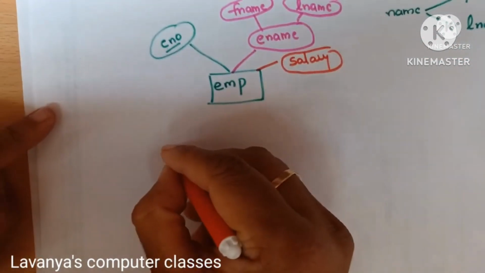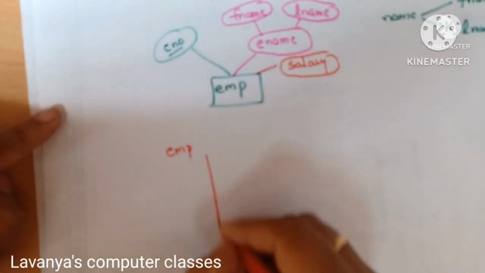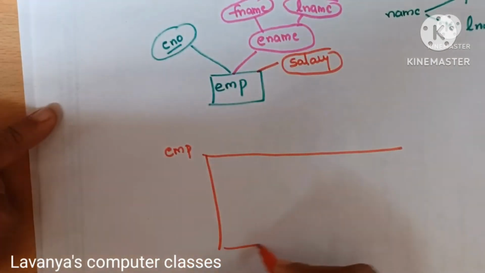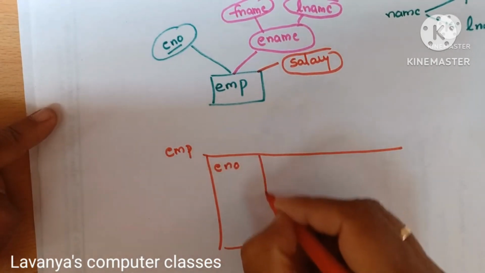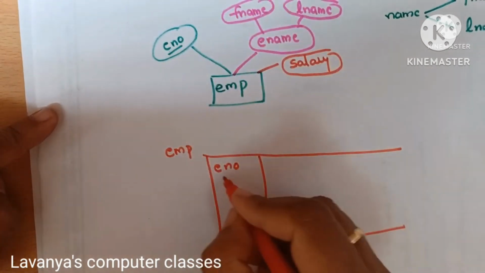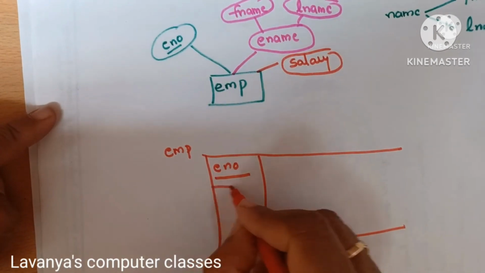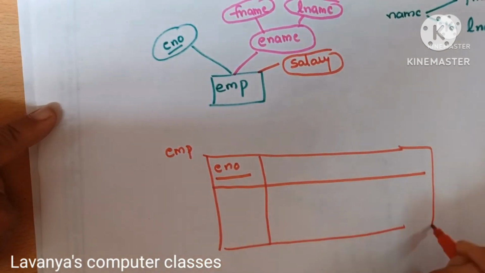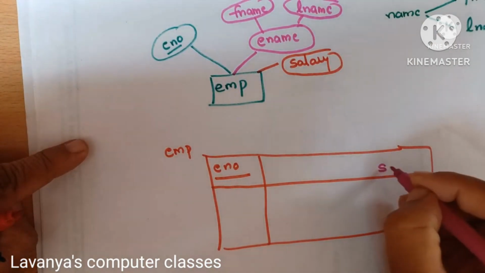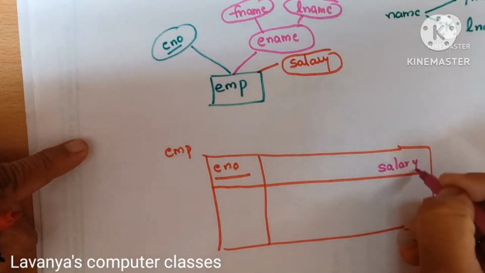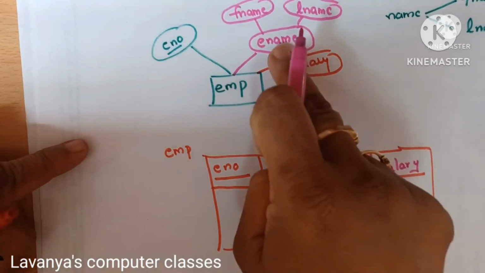Now, how to convert this ER diagram with the composite attribute into a table? First part, name of the entity set is the name of the table. That is employee. Second one is employee number because it's a simple attribute. And one more simple attribute is salary.